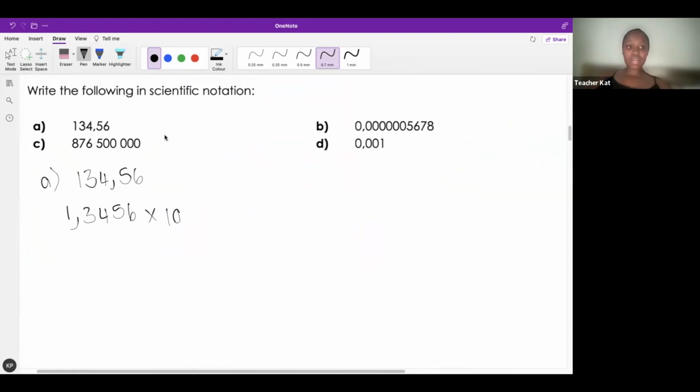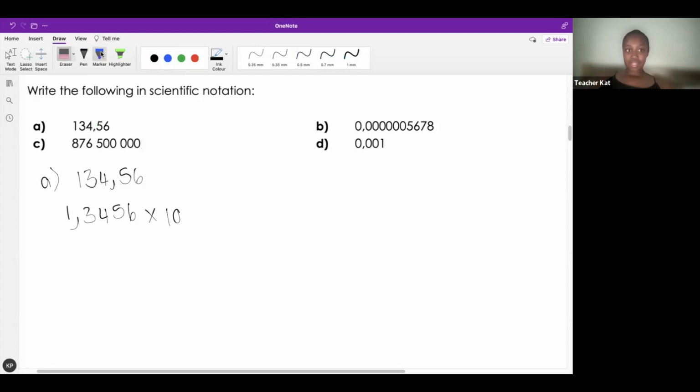Did I move this comma left or right? Initially, it was over here. So did I move it left or right? To the left. So is my exponent going to be positive or negative? Nice, Tlali. It's going to be positive. Positive what? How many times did I move it? Look carefully, Senyani. Where was it and where is it going?